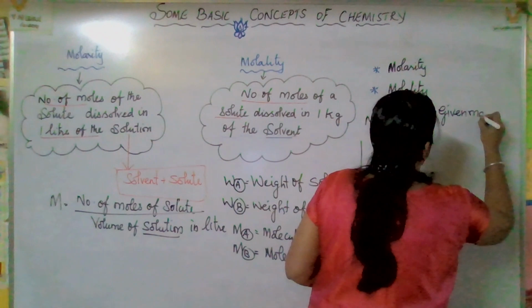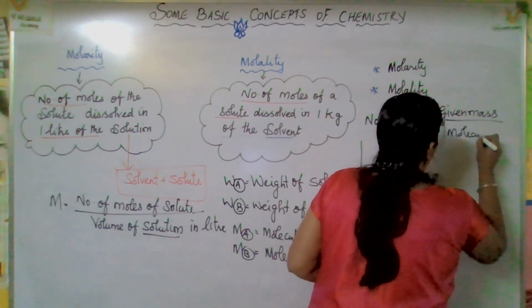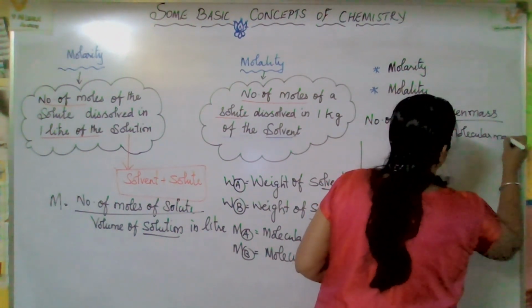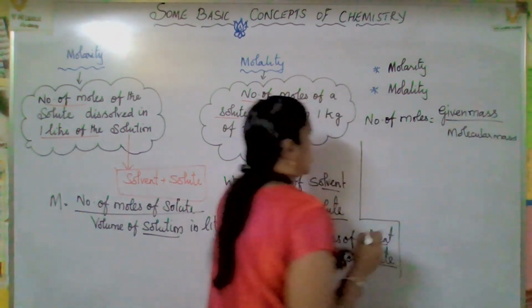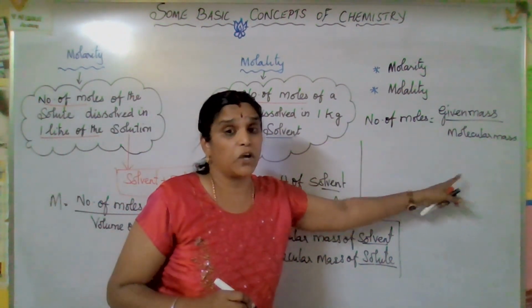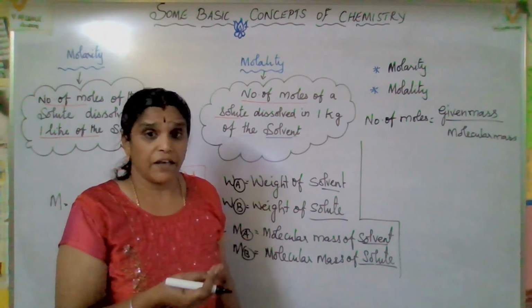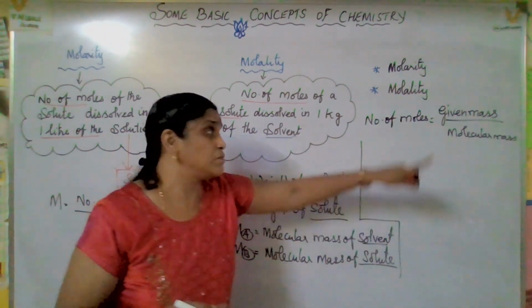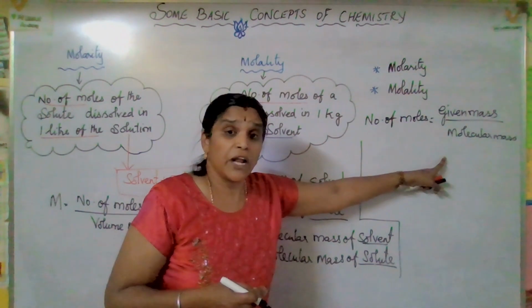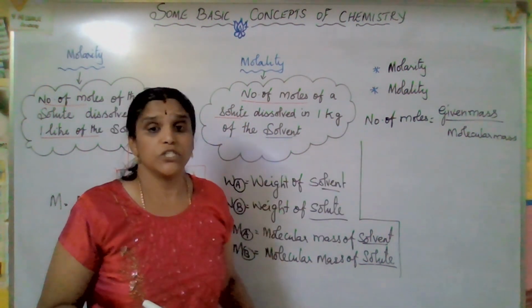Given mass by molecular mass. For example, 5 grams of sodium chloride: I told you that 5 grams is the given mass, and the molecular mass of sodium chloride you know very well. In that way you find the number of moles.